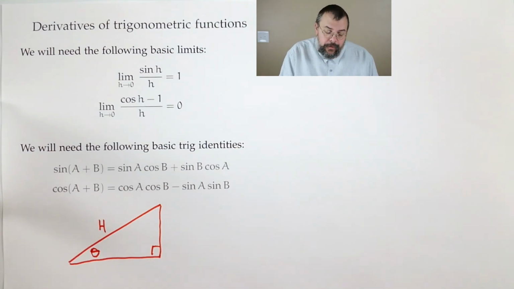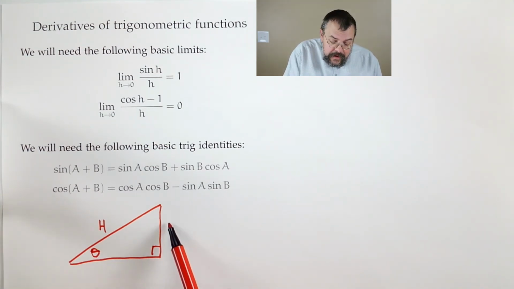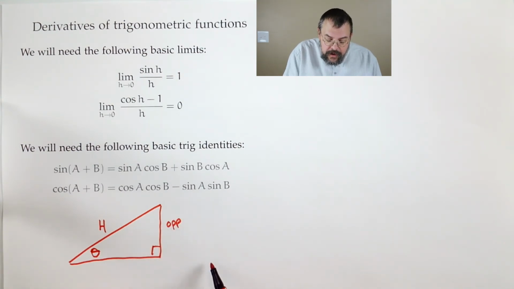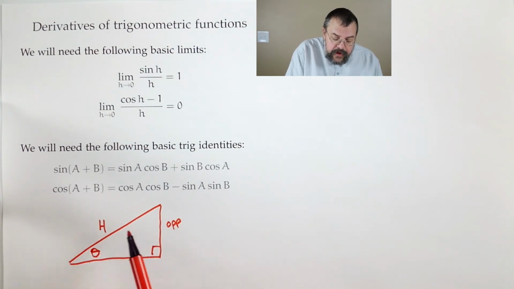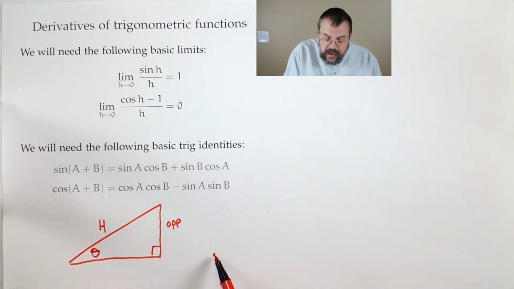Okay, what can I say about this opposite side? Call it the opposite temporarily. I can relate the opposite and the hypotenuse together by looking at the ratio called sine. So sine of theta is the opposite side over the hypotenuse.